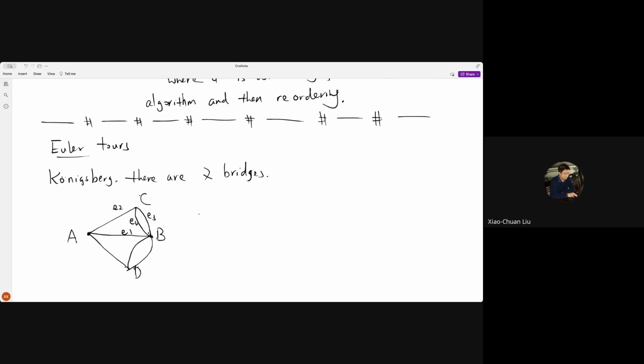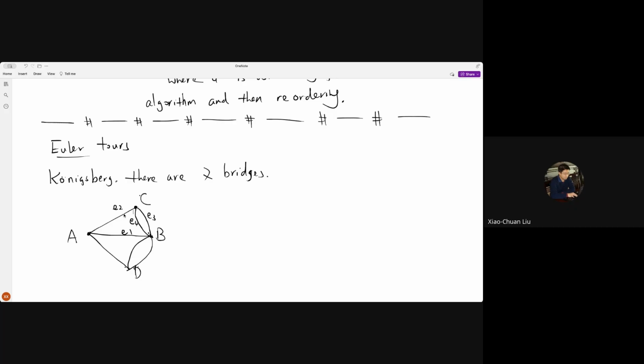What local people are trying to do is start from one point, cross all 7 edges and come back to this point. And they want to do this in a way that you do not walk through one edge twice.